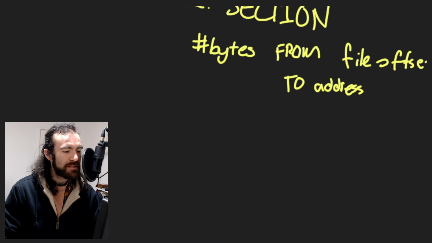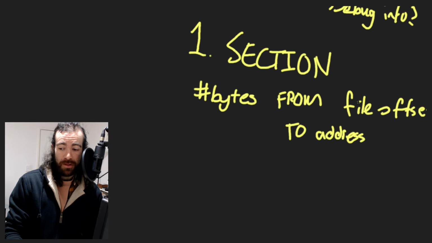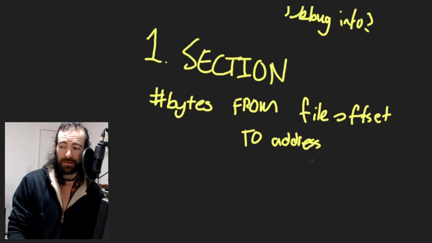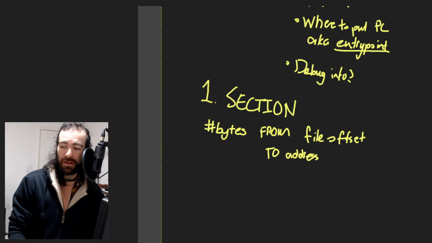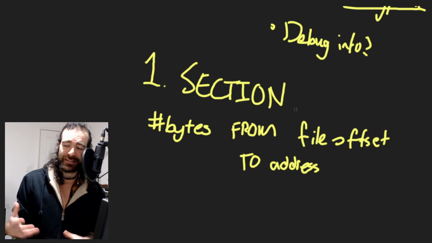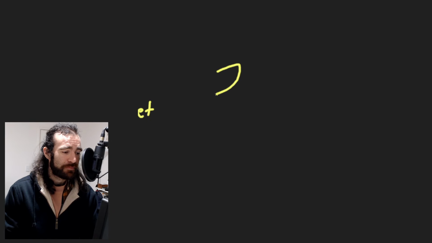So from some arbitrary part in this file, copy a number of bytes to some target location in memory. This is the heart and soul of a binary format. Copy the stuff into memory.